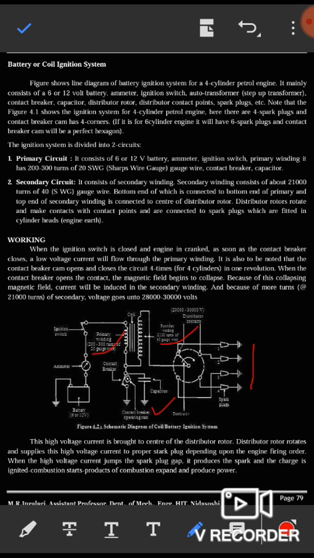The secondary circuit consists of the secondary winding, which has about 21,000 turns of 40 SWG wire, the bottom end of which is connected to the bottom end of the primary, and the top end of the secondary winding is connected to the center of the distributor rotor, which rotates and makes contact with the contact points connected to the spark plugs fitted in the cylinder head.